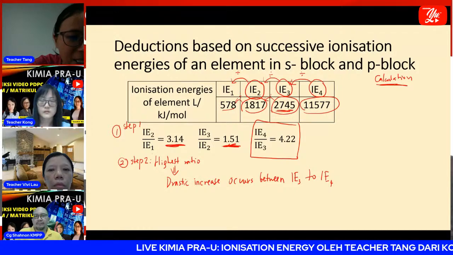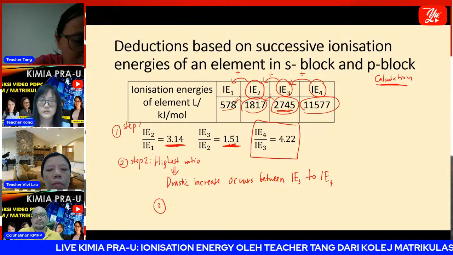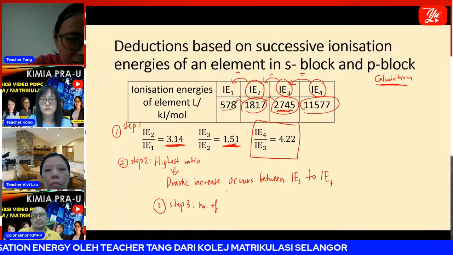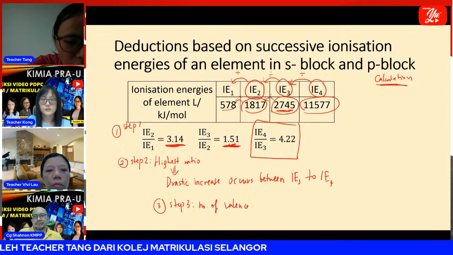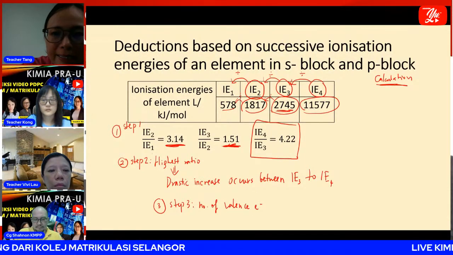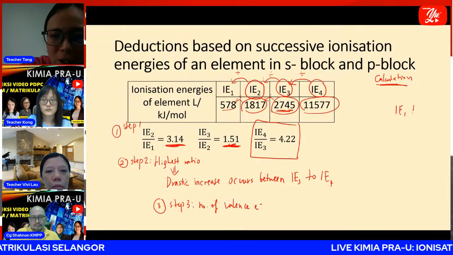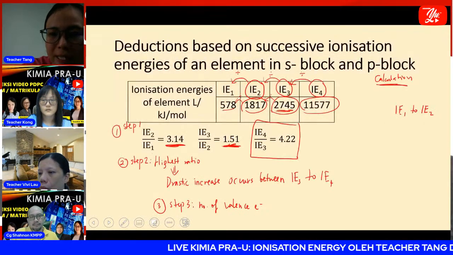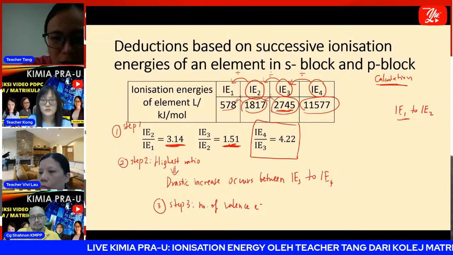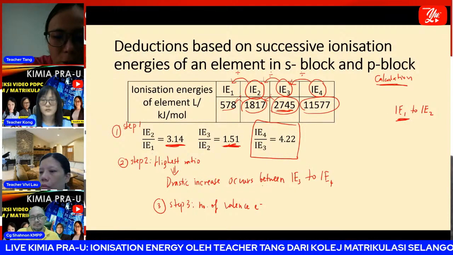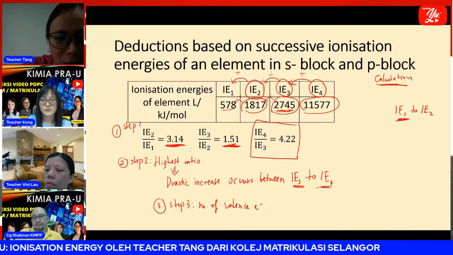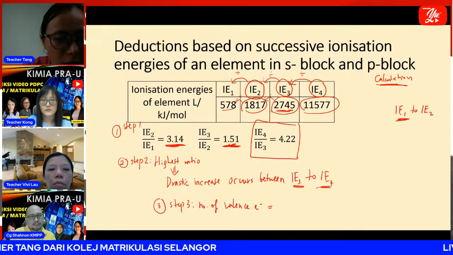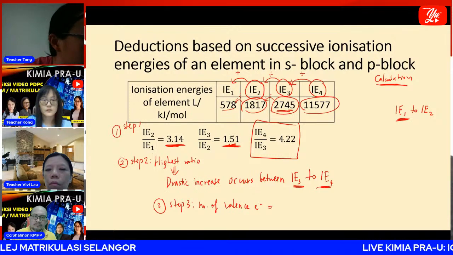From this drastic increase, you can determine the number of valence electrons. Just now I already taught you that if the drastic increase occurs between IE1 and IE2, it means one valence electron. So if the drastic increase occurs between IE3 and IE4, can you tell me how many valence electrons this element has, 3 or 4?